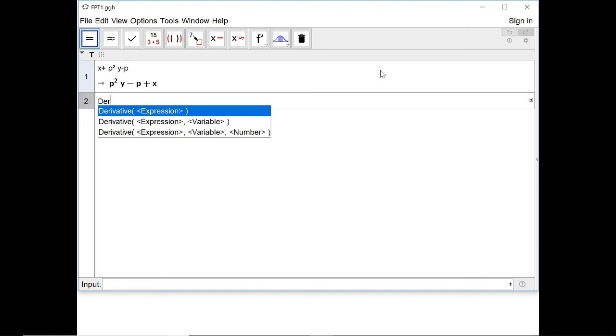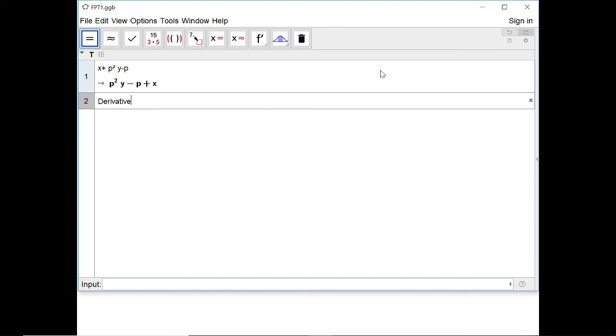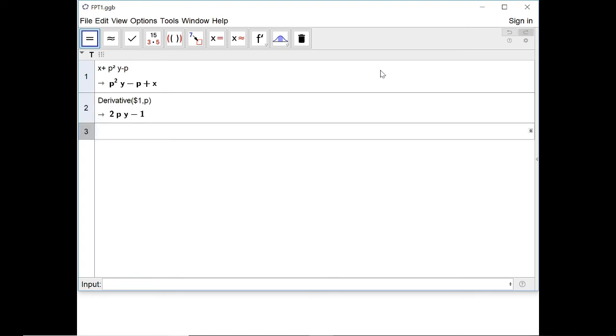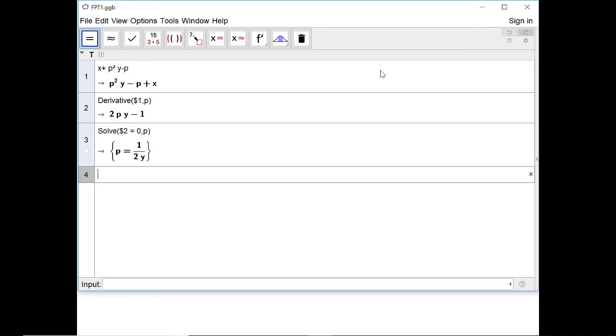And now I need to find the derivative of expression 1 with respect to p, and that gives me my partial derivative 2py minus 1. And now I want to solve when that derivative is equal to 0, so expression 2 equals 0, and I want to solve for p, and that gives me p equals 1 over 2y.